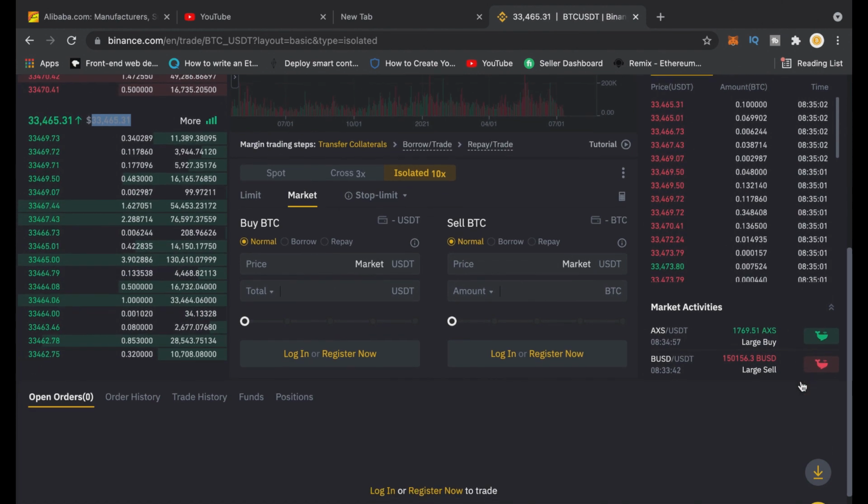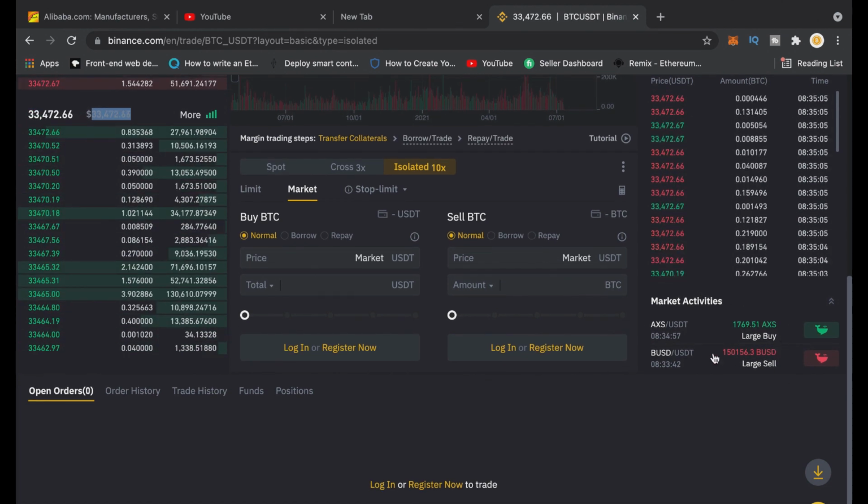Look at some of the market activities. There was a large, this is a sign of a whale. So you always hear of whales and stuff like that. These are just basic trading terms that just mean a large buyer. There was a large buy here, see here. So a large buy of this AXS is a large buy for BUSD.